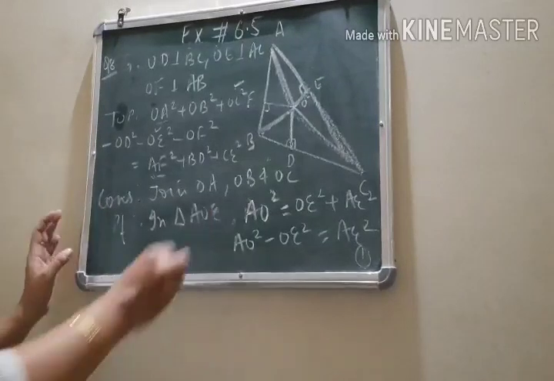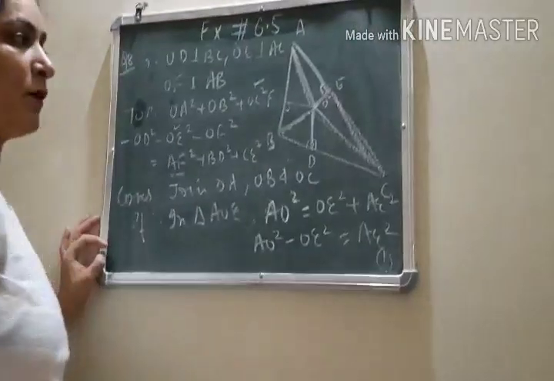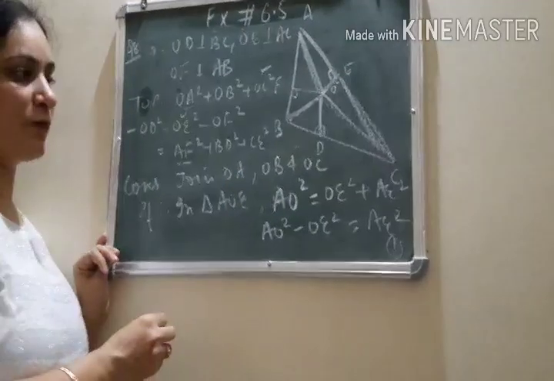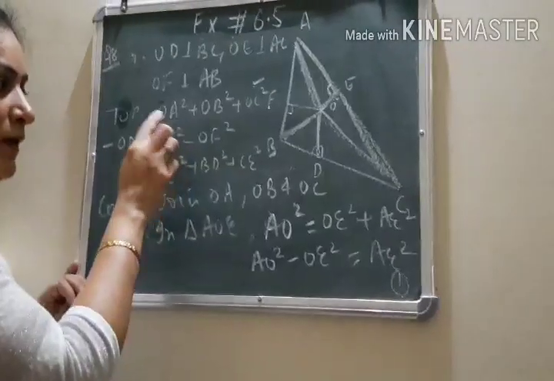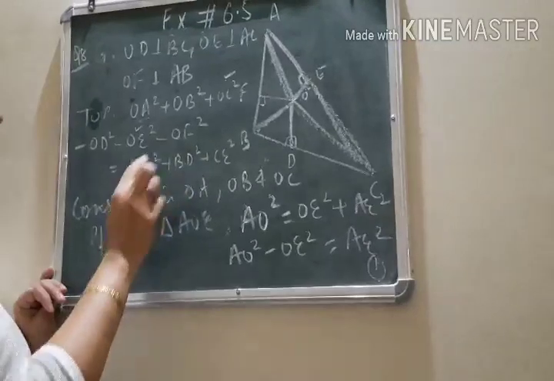Again I am repeating, first we will just join OA, OB and OC, because it is a requirement in the question. Then we have to see the proof carefully. We can see that OA, OF and AF are there.